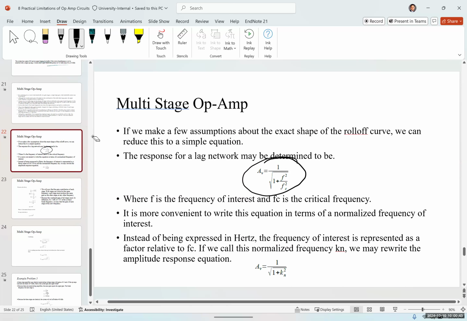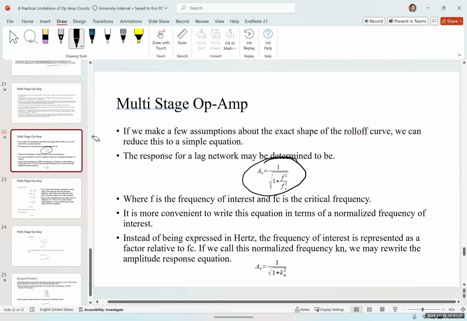So I'm just going to go back again. This is the proof for that. Again, if we make a few assumptions about the exact shape of the roll-off curve, we can reduce this to a simple equation. The response for a large network may be determined to be AB equal to 1 over square root of 1 plus F squared over FC squared, which is the system's, where F is the frequency of interest and FC is the critical frequency.